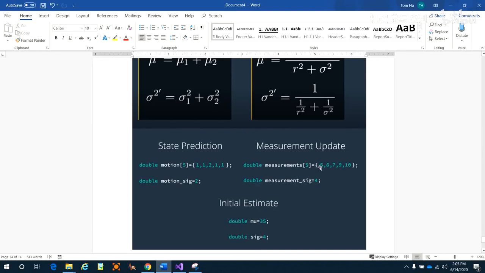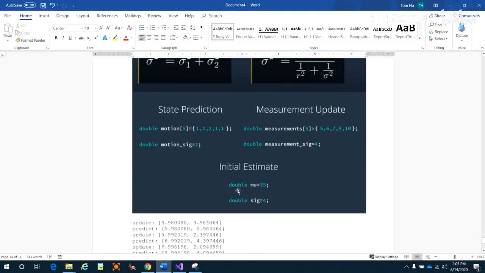After the first measurement, the sensor at t equals 0 measures 5 meters. And how do they update the measurement? Through the Kalman filter. You can see the updated measurement after the first measurement: the sensor measurement is 5, and they update to 4.98.